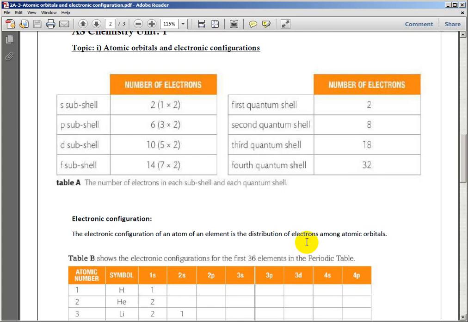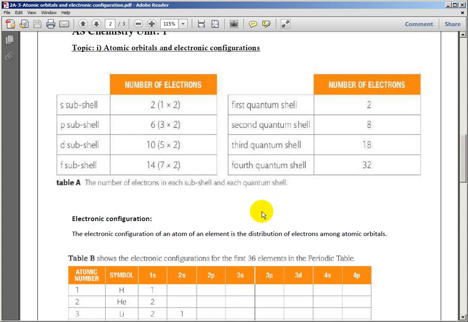Like, how many electrons does a nitrogen atom contain? What is the atomic number of sodium?